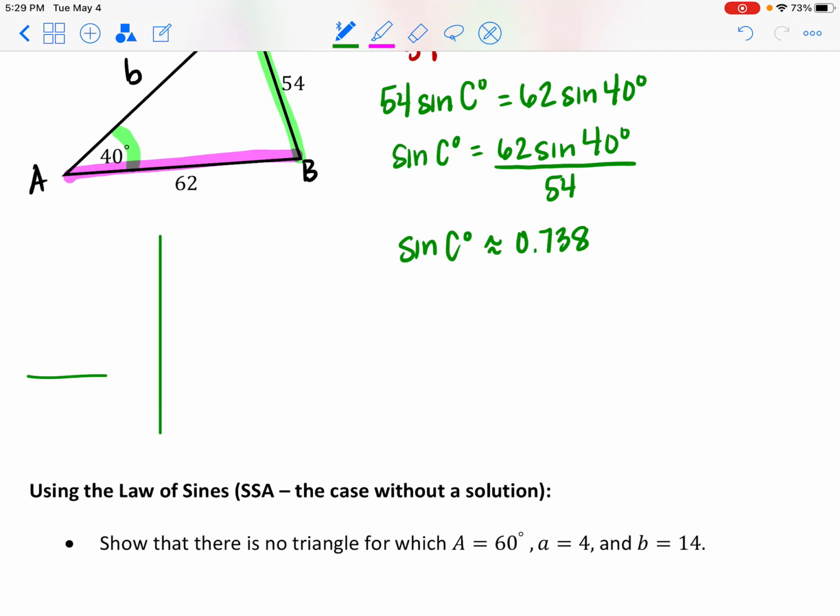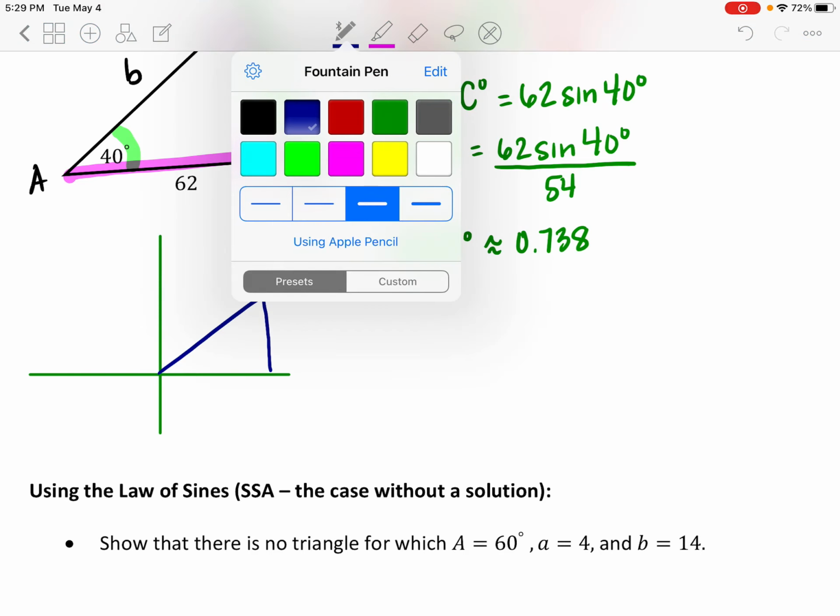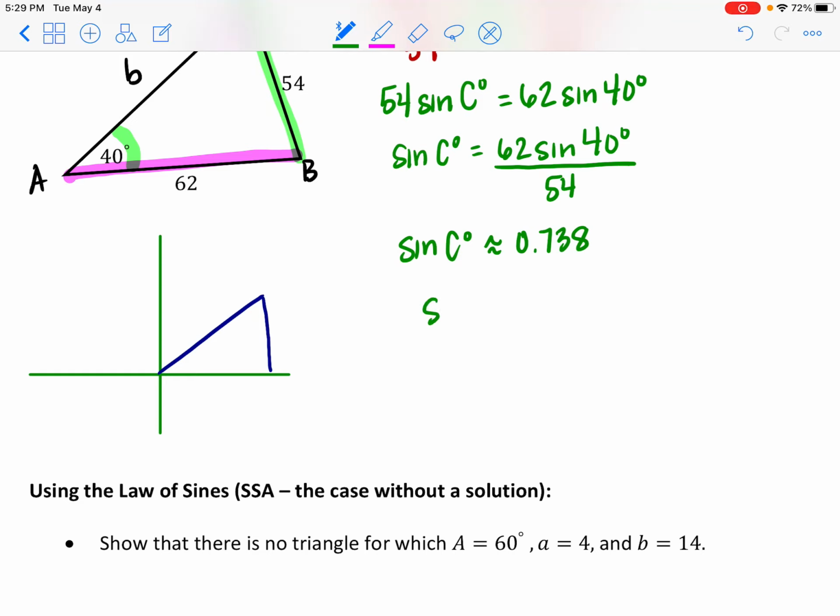So let me draw this out over here again. We have a triangle in quadrant 1 where we have a positive value for sine. Let's just calculate this first. I'm going to come back to my picture. If I find the inverse sine, C is going to be approximately the inverse sine of 0.738, right?